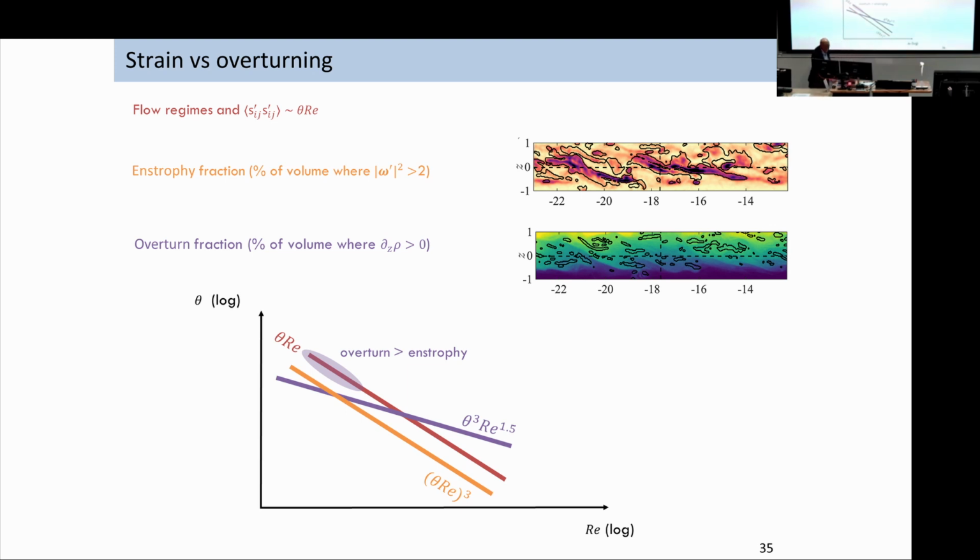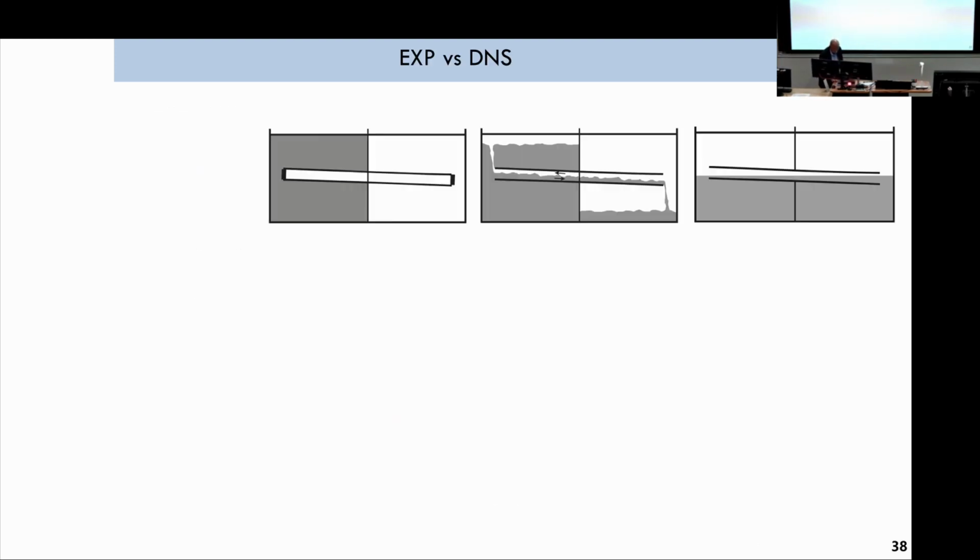But when we come down to low angles and high Reynolds number, we have more straining and less overturning. So you can see, even for the same flow regime, where it's fully turbulent on the same theta Re, you get different forms of the structure. And we've looked quite a lot at the structure. I may have time to say a little bit about that again. So that's one of the fascinating features of this system.